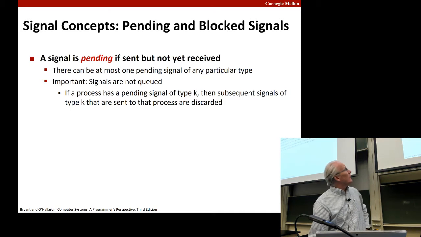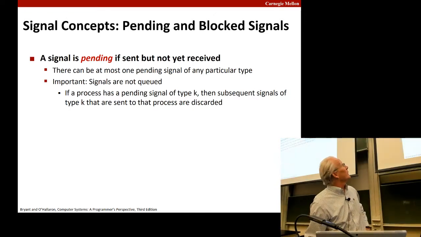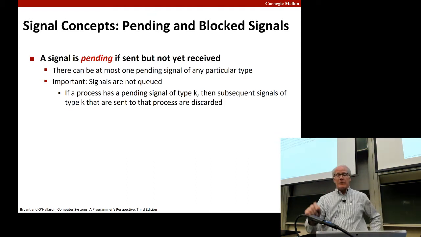So as I mentioned, at any given time, there can be some number of signals that are pending for a process, meaning it's been delivered but not yet received. Those are the ones for which these little bit fields are set. It's important to realize that they're just little 1-bit fields.